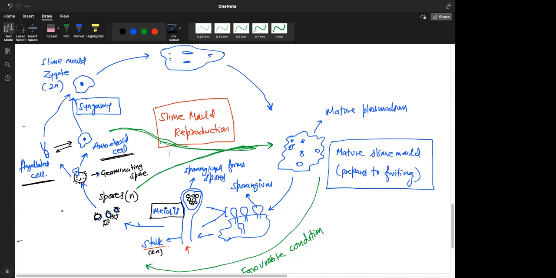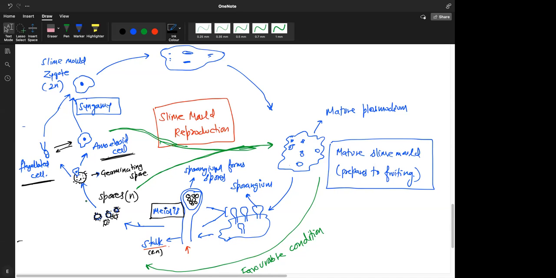And slime molds live in damp areas, where the woods are rotting, because they are protists that are saprophytic. Right? And in classification, they come in kingdom Protista.